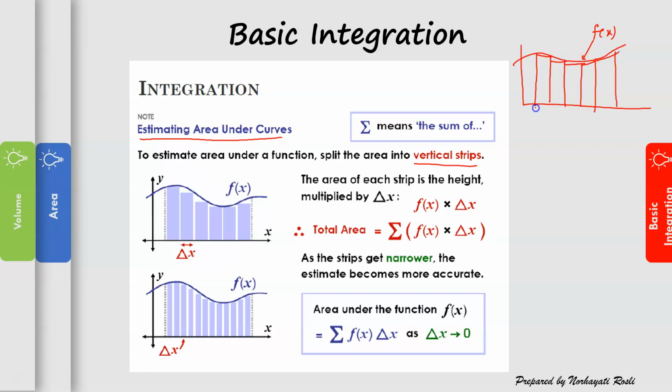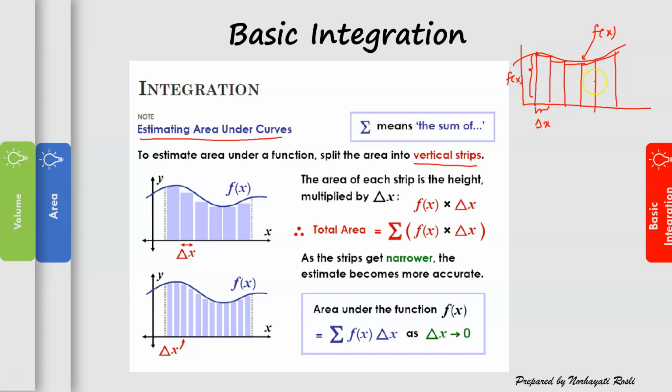This distance is given by delta x, meaning the rate of change in x. And this one is given by f(x), because this point will give you a value of f(x), this one also f(x), this one also f(x) at a certain point.